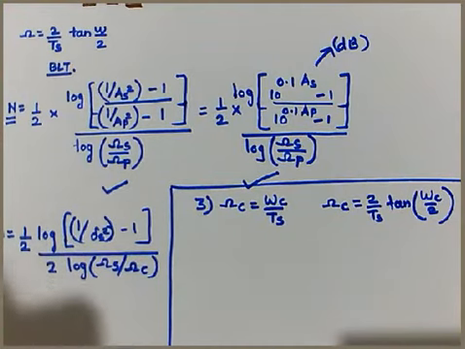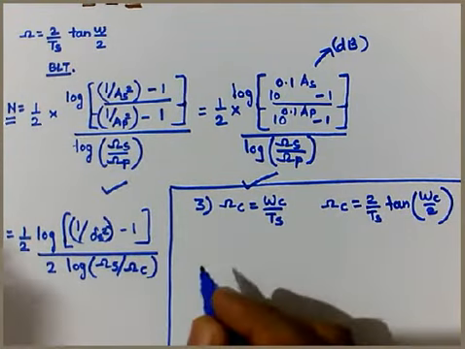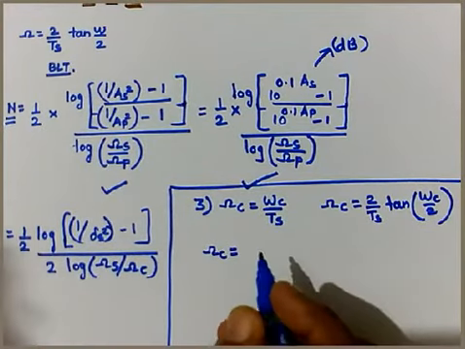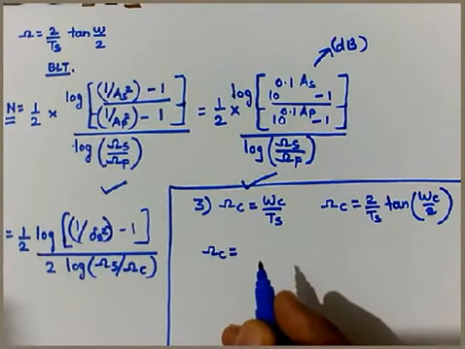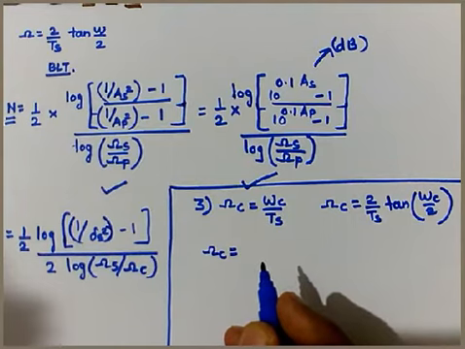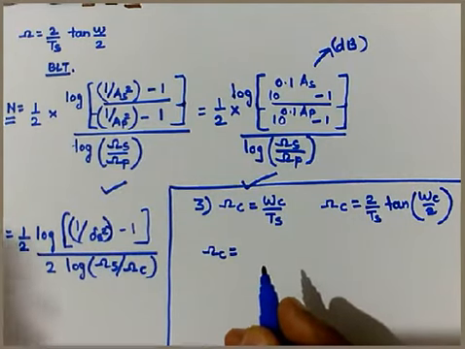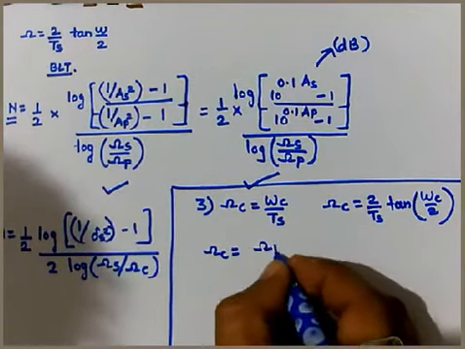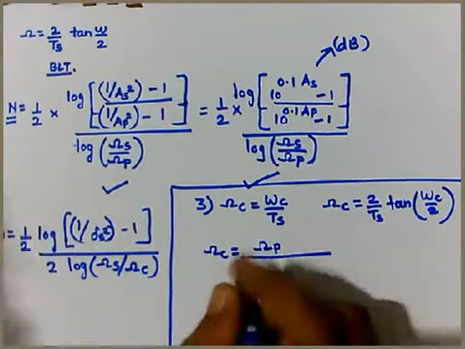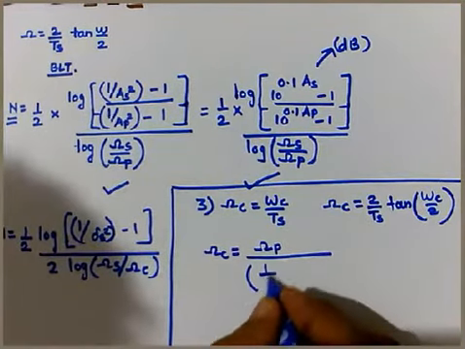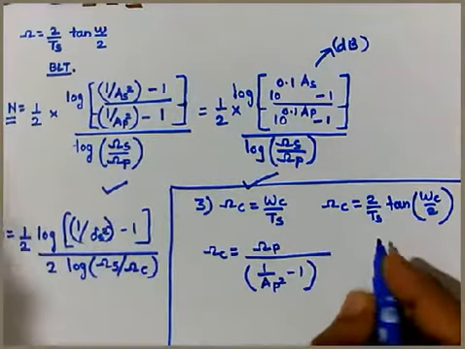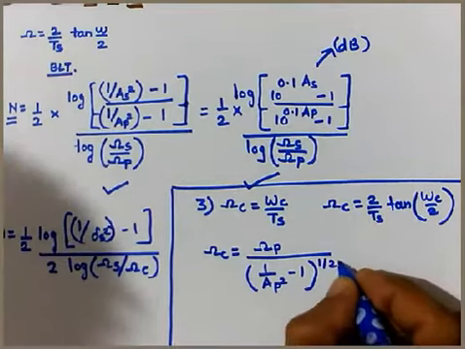There is one more alternative formula for the calculation of Ohm C. If the values are given as AP without dB and with dB, then how to calculate it? This is Ohm C in terms of Ohm P as well as AP: Ohm C is Ohm P by (AP square minus 1) raised to 1 by 2n.